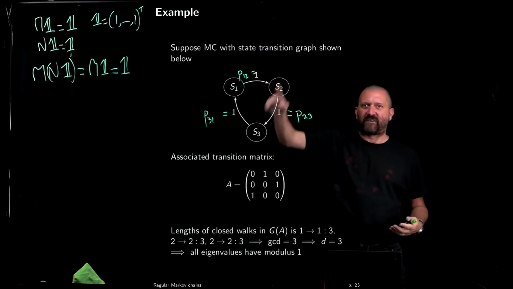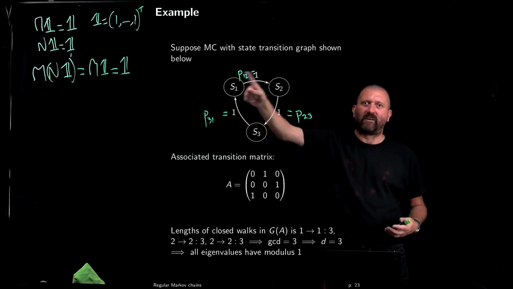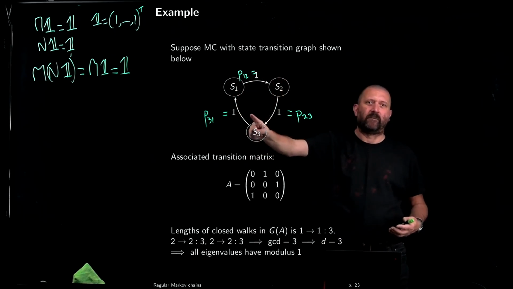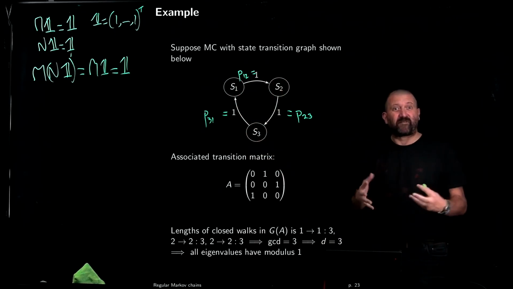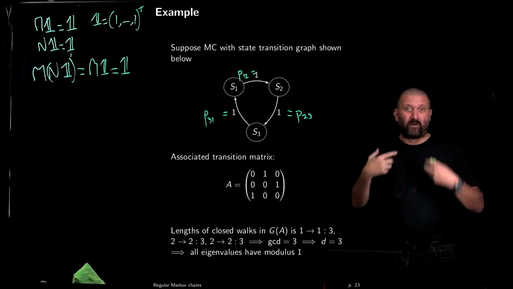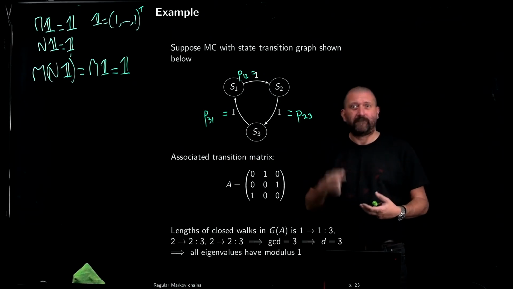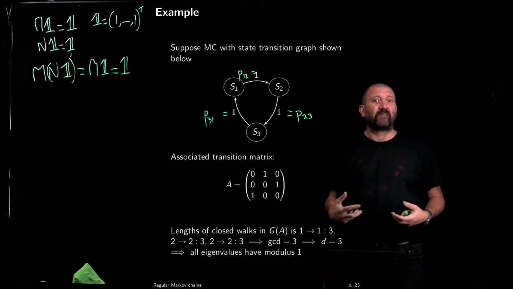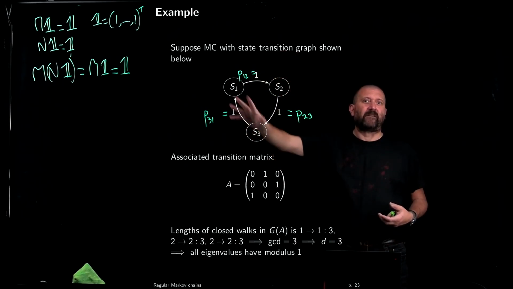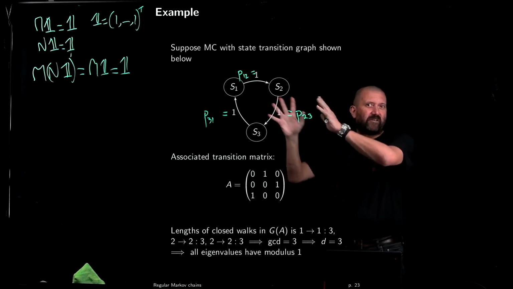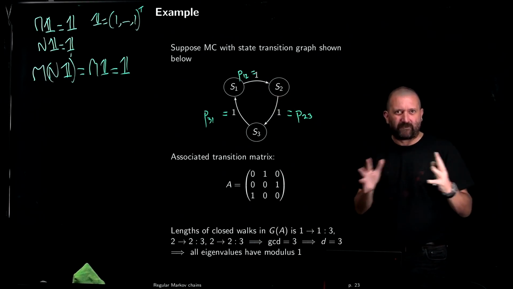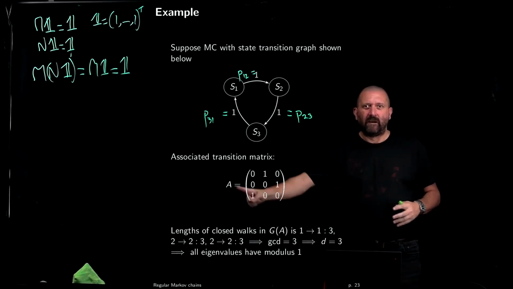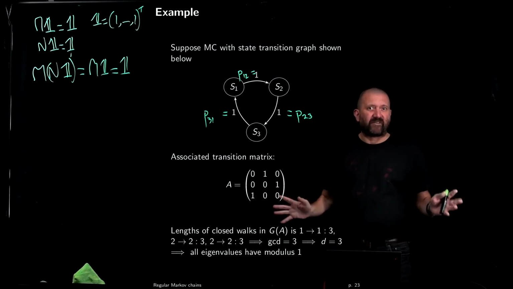So this is a chain where you're switching between states every single time. We saw this graph already, but not in the context of a Markov chain. The transition matrix associated to this, if we consider this as the state transition graph of the Markov chain, is simply this matrix that we have seen already.